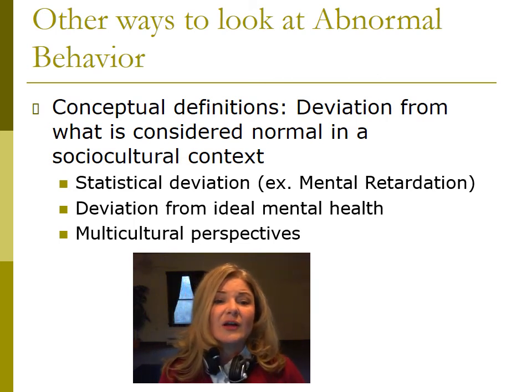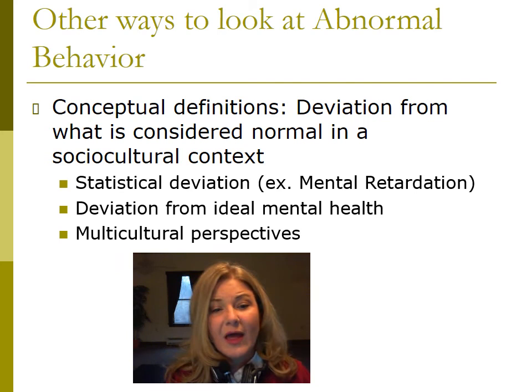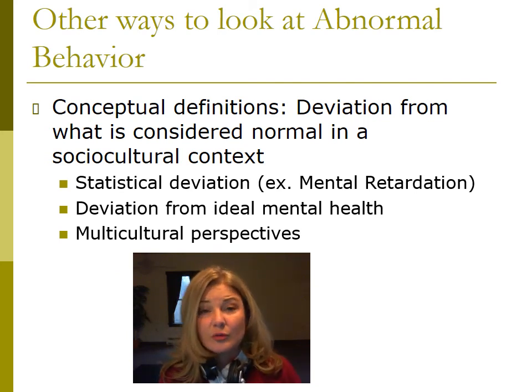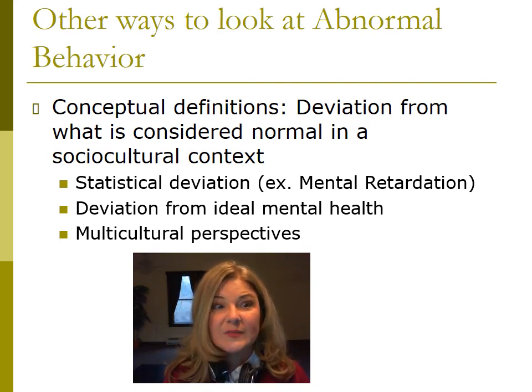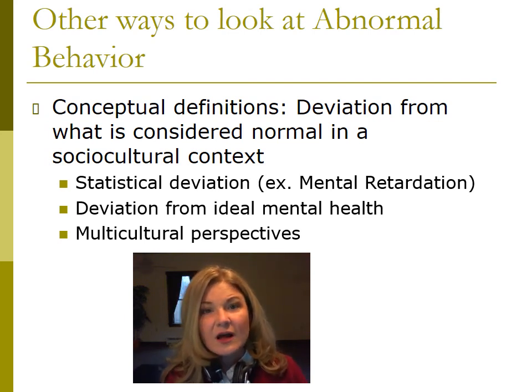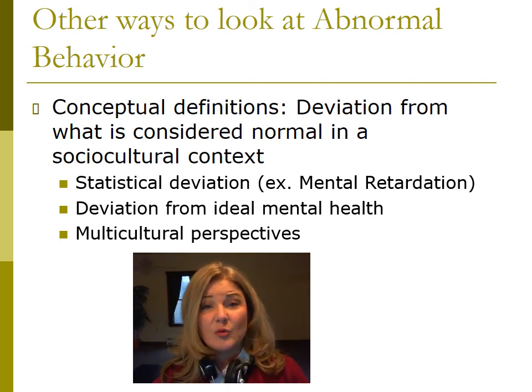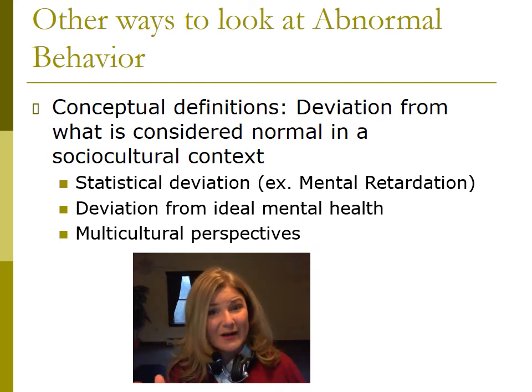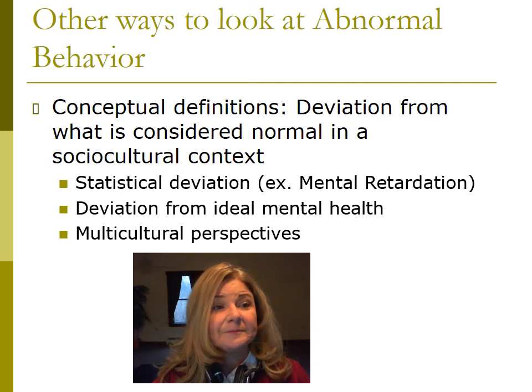We also take a look at deviation from ideal mental health. We take a look at multicultural perspectives. So there's a lot of different ways of looking at abnormal behavior, not just the one that I spent a lot of time talking about. So please do read your textbook.